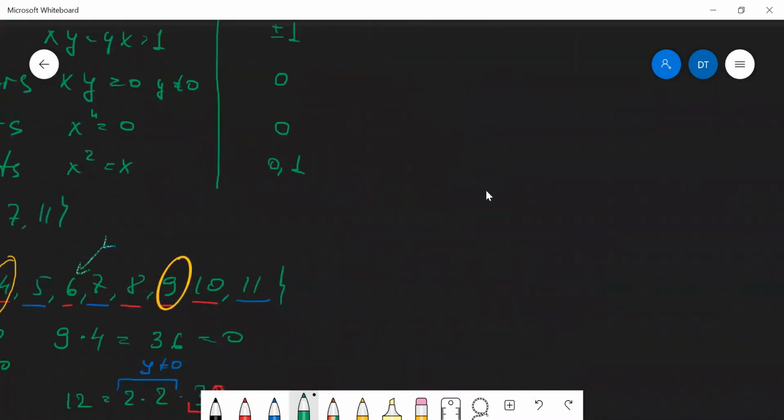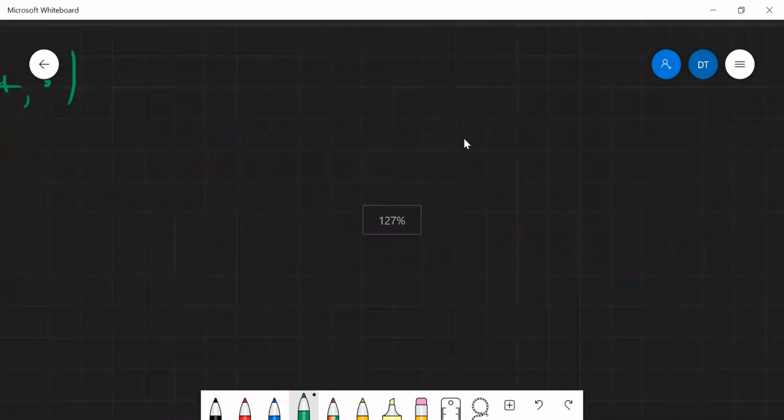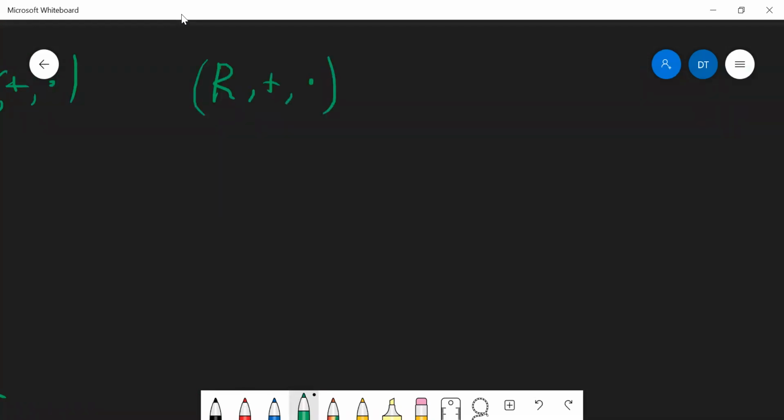Okay, if there are no questions, let me go to a different problem. So let's try to deal with some general ring. Suppose we're given a ring R with addition denoted by plus and multiplication denoted by dot, and suppose that it's a commutative ring.